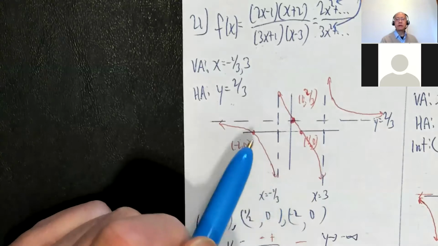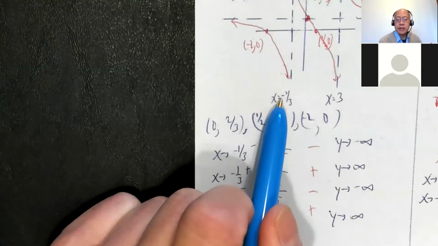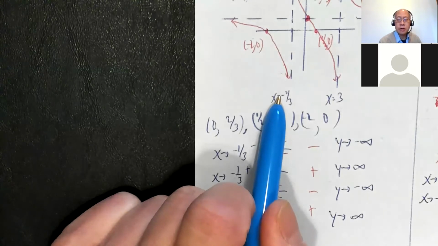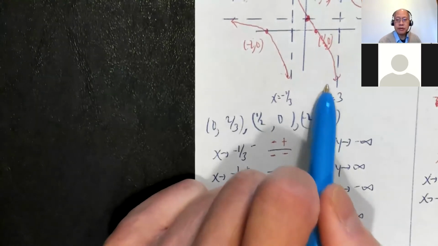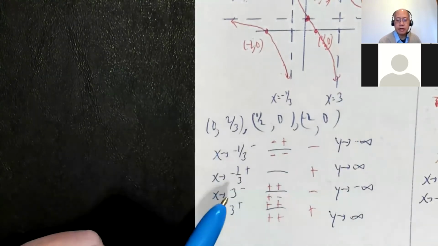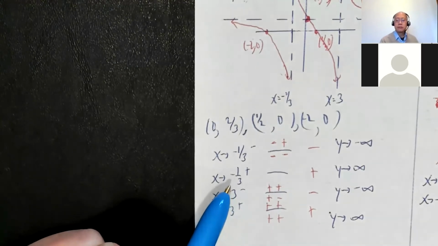Now, what about in between? I need to determine what happens when I'm near the asymptotes: a little bit to the left of -1/3, a little bit to the right of -1/3, a little bit to the left of 3, a little bit to the right of 3. I think I'll do the 3 first because it might be a little bit easier, since they're all positives.